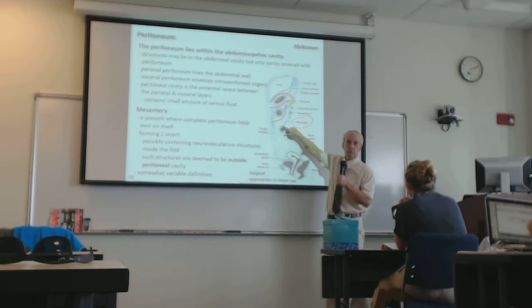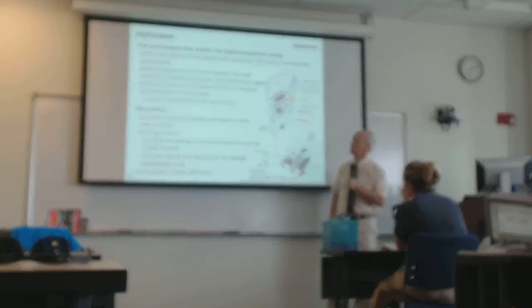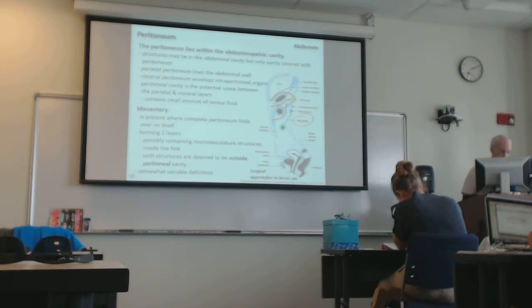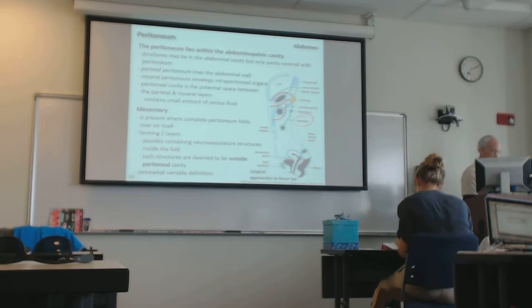Blood vessels, lymphatics, autonomic efferents and afferents. So very important in that regard. Now, the other thing you'll pay attention to, we'll talk about some of the complexity of this in just a moment, but there are a number of structures that are not enclosed or encapsulated by the peritoneum.